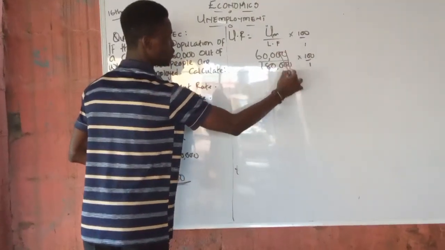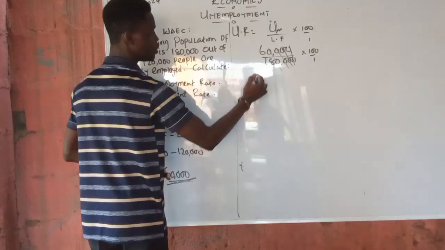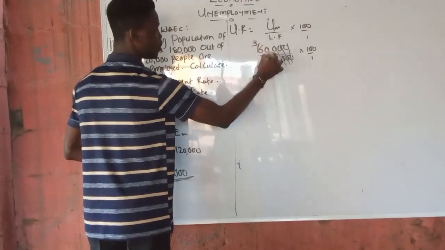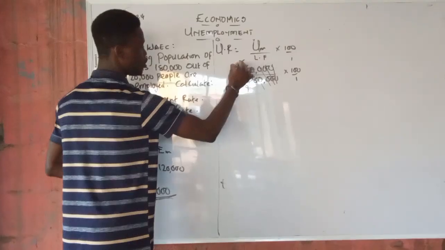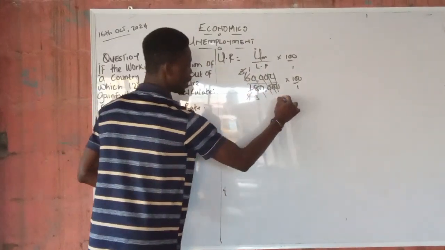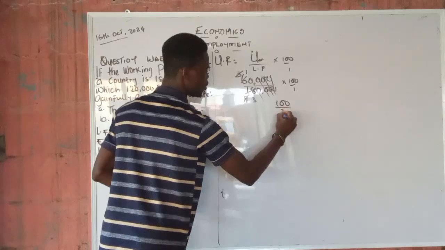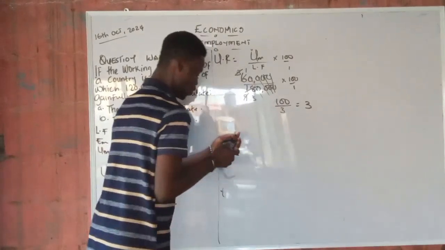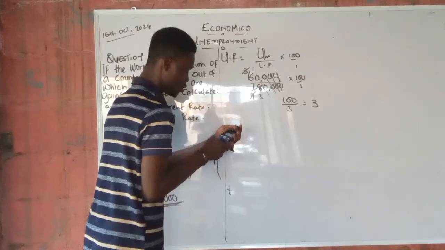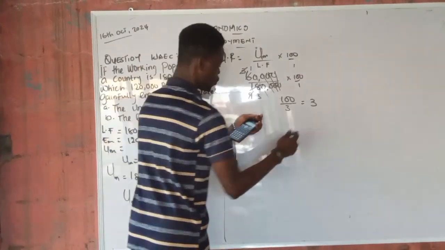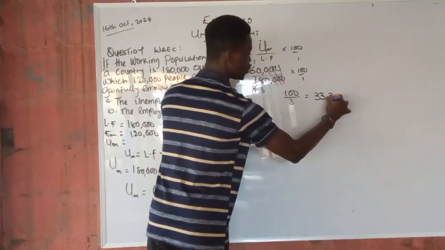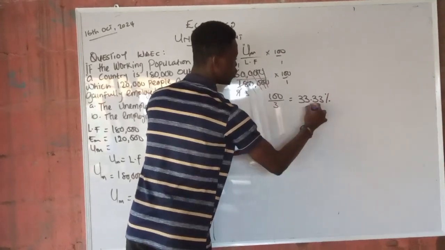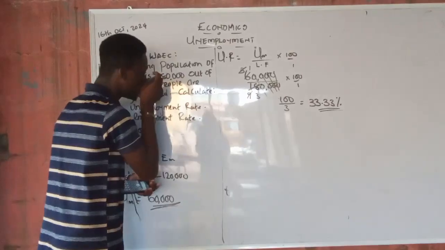So you say this cancel this. 2 times 3 is 6, 2 times 9 is 18, 3 times 1... so I have 100 over 3. What is 100 over 3? 100 divided by 3, we have 33.33%. Don't forget we are working on the rate.